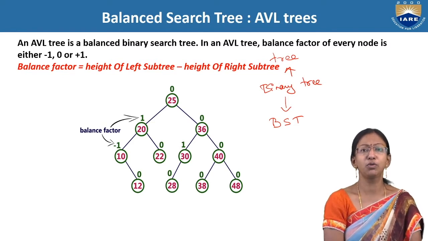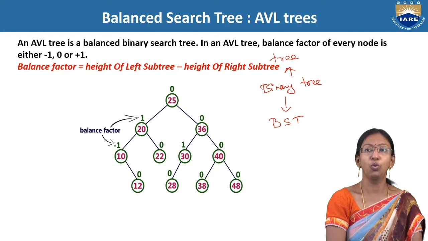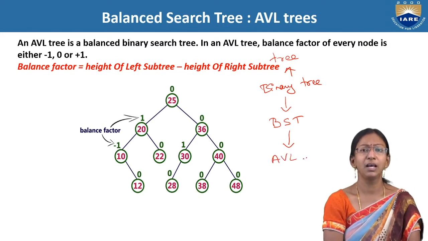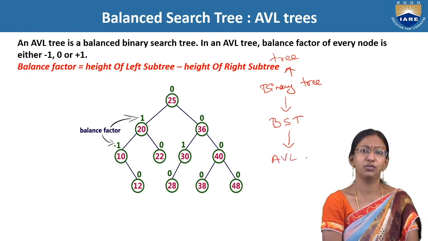When we try to store this kind of data using arrays or linked lists, memory wastage will be heavy. So to overcome that, we put another constraint on BSTs to make them AVL trees, also known as balanced binary search trees.